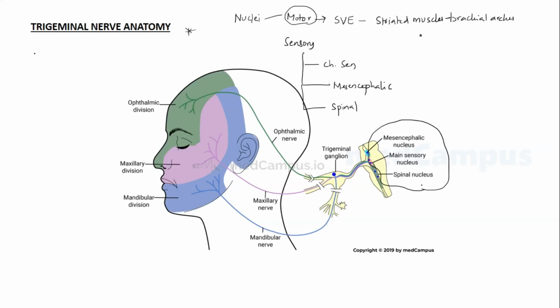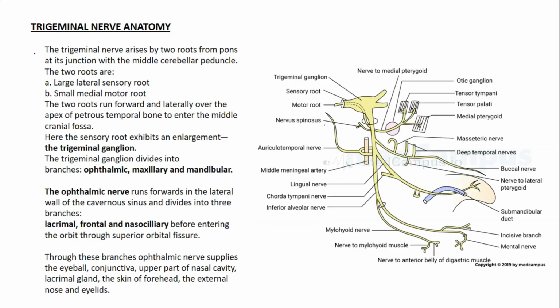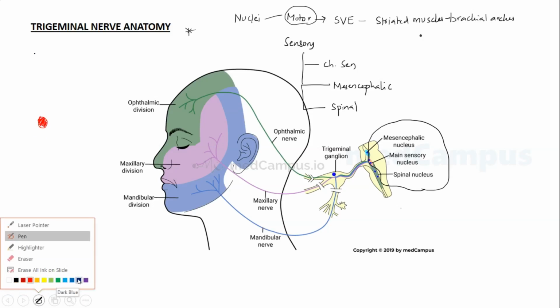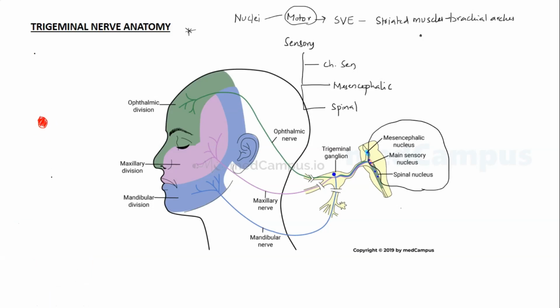I'm only depicting the sensory nuclei here, but we also have a motor root. Let me draw a diagram to give you clarity on where it is arising. I'm drawing this diagram now. We have a motor column, which I'm taking in red color. This is the motor nuclei. Then let me take another color for the sensory column. So we have the whole sensory column here in blue.